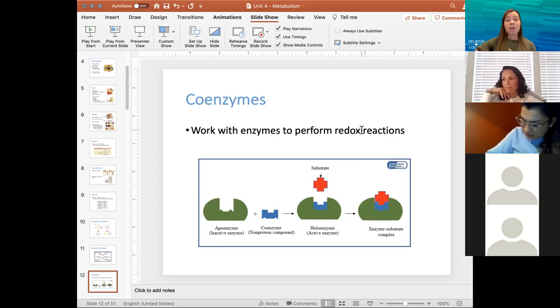So when these coenzymes get reduced, they will gain hydrogen ions and electrons. When they get oxidized, they lose those things. So coenzymes are often involved in these reactions. They will either get reduced or they'll get oxidized in the process.